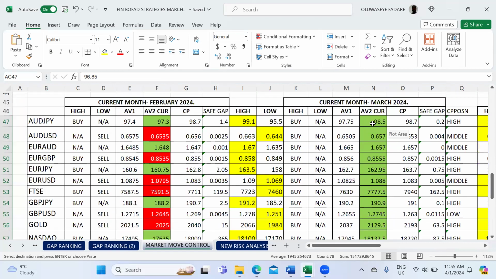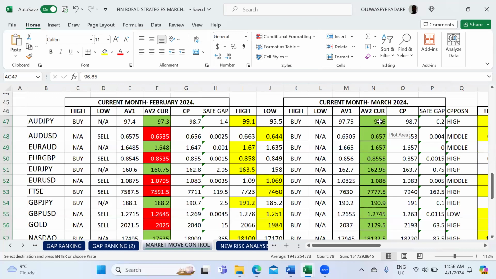So for example, for this now, the market is growing 98.5. Okay, so this will be our starting point for the new month as 98.5. If the market goes above, then it's a buy. If the market should fall down below 98.5, then the market is no more a buy but a sell. So this will be our control position to help us to identify the market trend and also to be able to make a move of the market as accurate as possible.